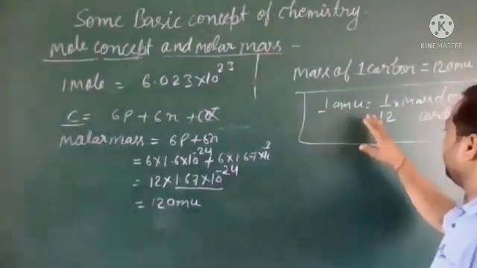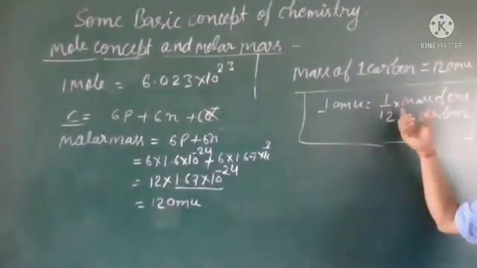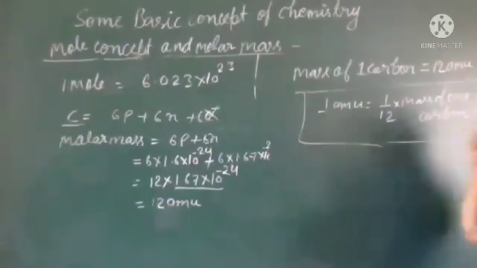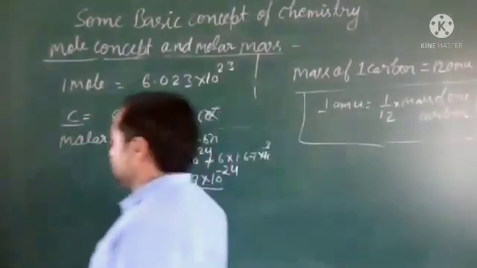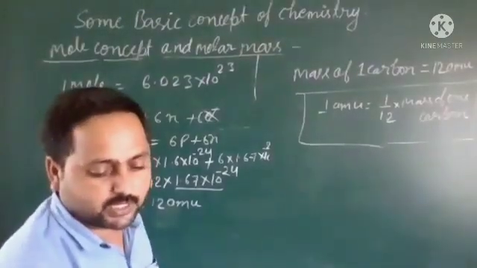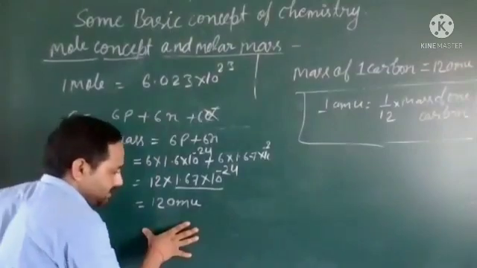The value of 1 AMU may be defined as 1/12 part of the mass of the carbon-12 atom. This we have already defined. Have you understood this much or not?